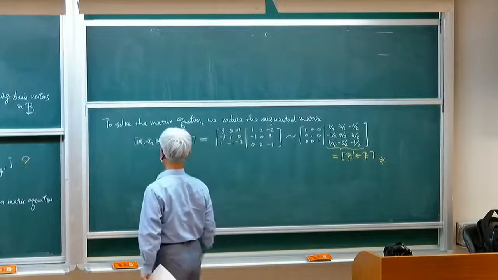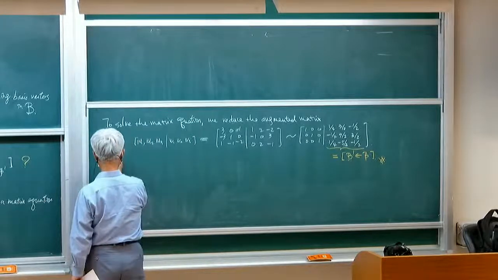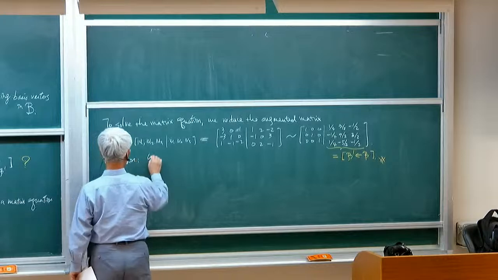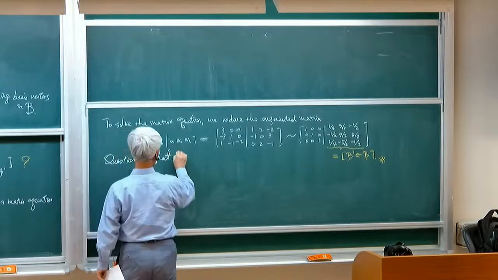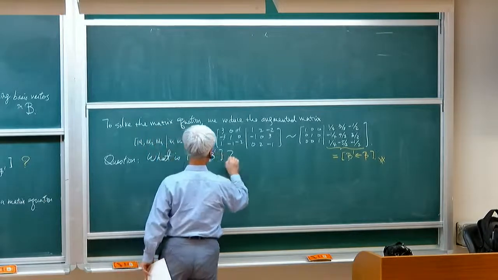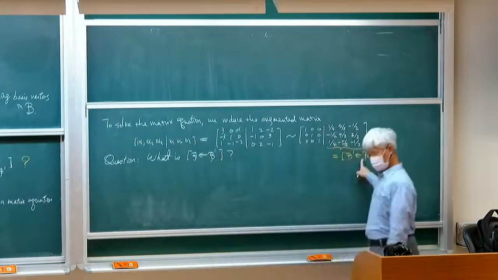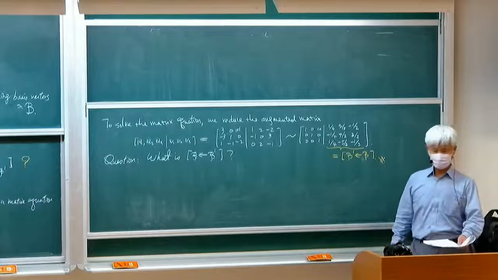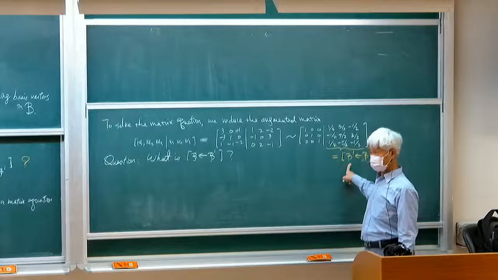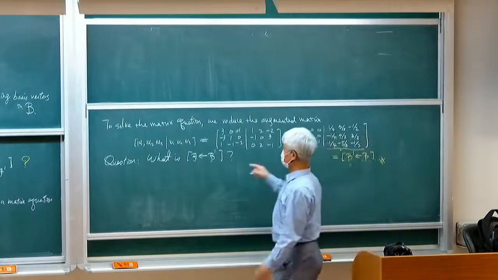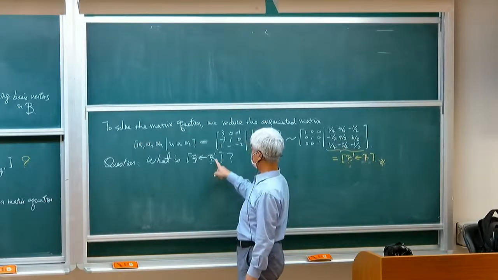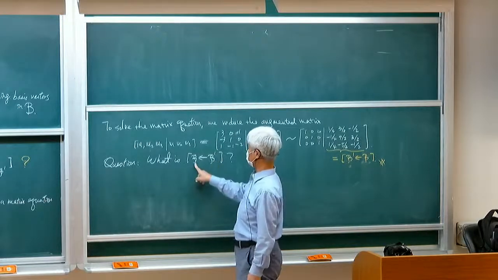All right, so now our next question is, you know the transition matrix from the B coordinate system to the B prime coordinate system, right? Now what is the transition matrix from the B prime coordinate system to B?